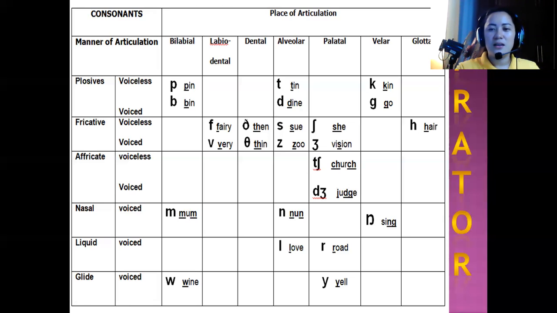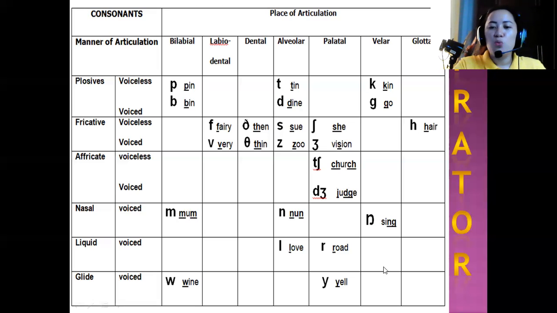The voiced counterpart is g, like in the word go. The voiceless one is like in the word kin. Do you feel your velum? Go, go. Okay, as simple as that.